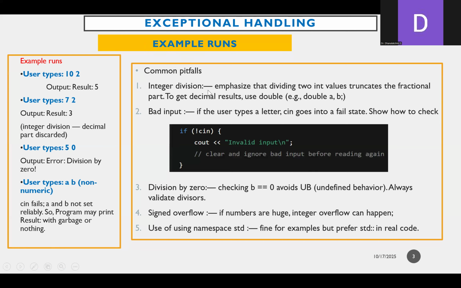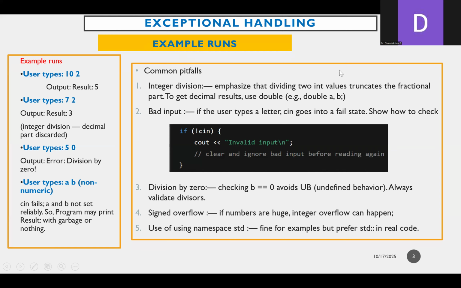So the common pitfalls in C++ programming, let's see in detail the 5 different categories here. First, let's talk about integer division. In C++, dividing integers always gives an integer result. And here the fractional part is truncated, or removed.